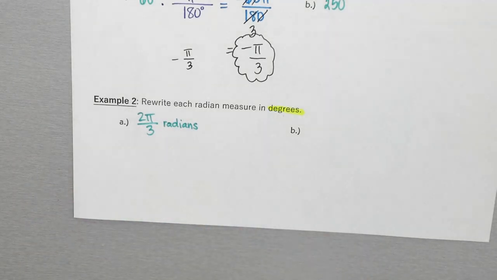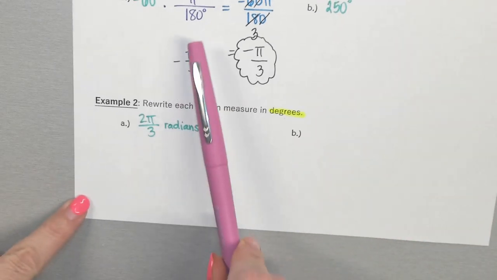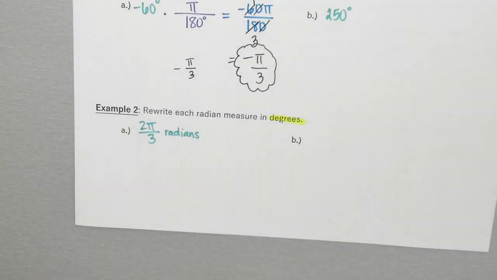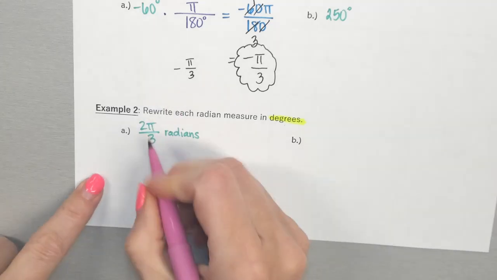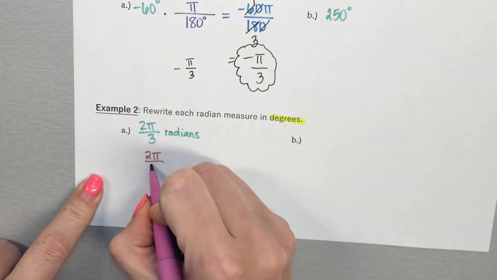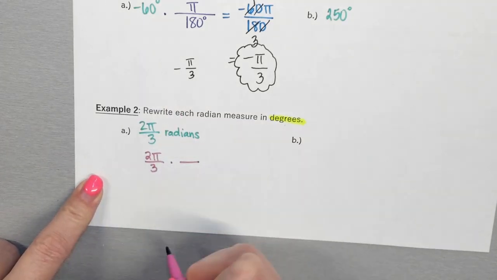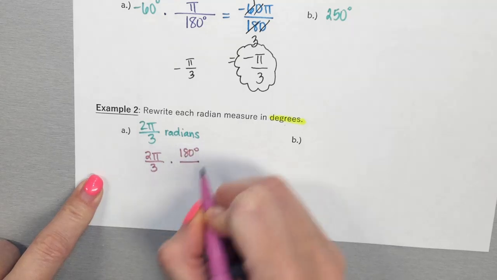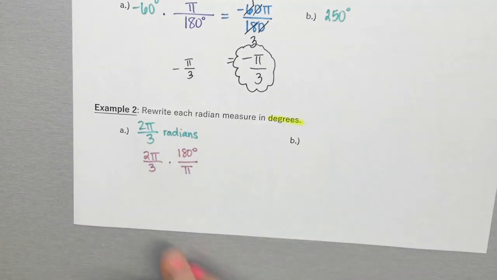If there's no degree symbol, it is in radians, okay? I'm going to want to see what you're multiplying by. So when you're doing that, the 2 pi over 3 is going to be multiplied by 180 degrees over pi. Okay, so yes, I want to see this step.